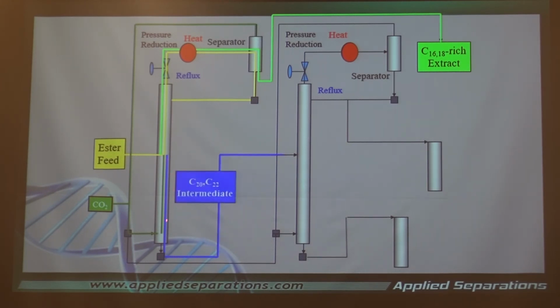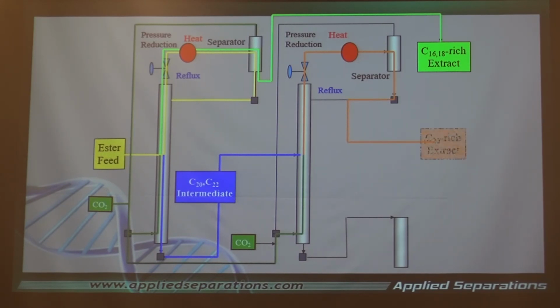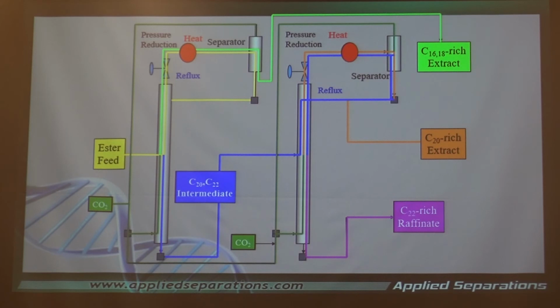Now, this fraction, these C22, or 22 and 20 intermediates, come in, they get introduced to this one, in the middle of this column. Introduce the CO2 in the same fashion. And now we do the same thing. Refluxed again, and this time we separate out the two fractions.